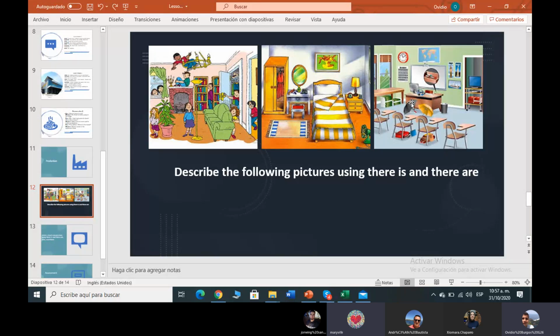There is a blackboard. El tablero es blackboard. In this case, yes, the traditional is blackboard, okay? Los tableros que nosotros llamamos acrílicos se llaman whiteboard.